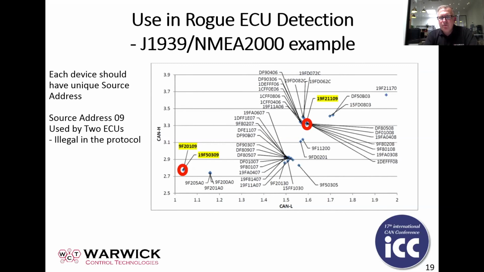So what we did, we produced the cluster plots, and we realized that one of the devices which was supposed to take part in the full J1939 and NMEA 2000 address claim process was not, and was effectively sitting permanently and squatting on the 09 source address. And you can see circled in red with the yellow highlights, there's basically two distinct network devices there using the same source address, and only one of those is using it correctly.